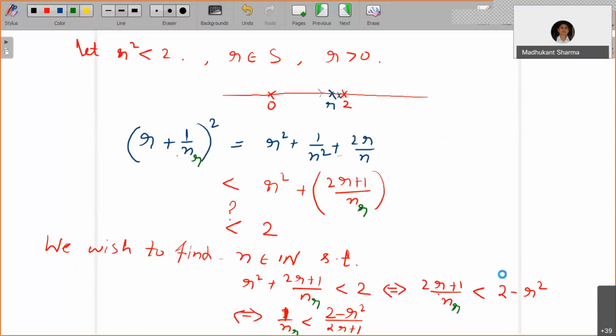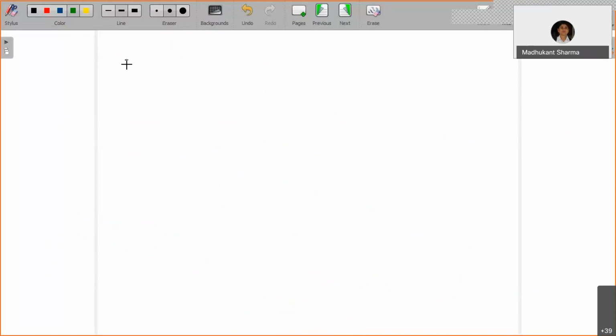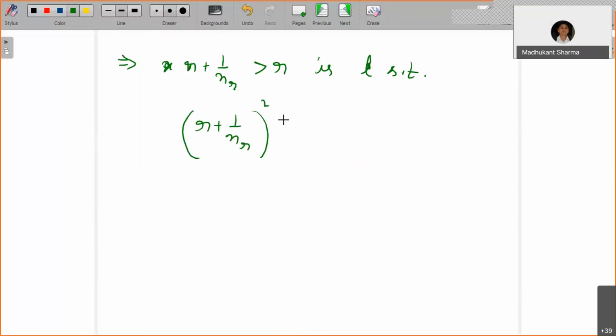So this whole story tells you that r plus 1 by n_r, which is greater than r, is such that r plus 1 by n_r whole square is less than 2.